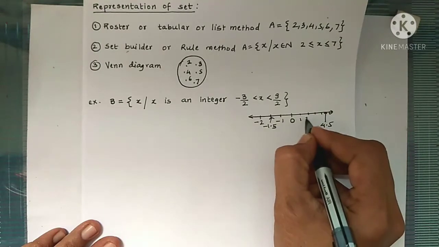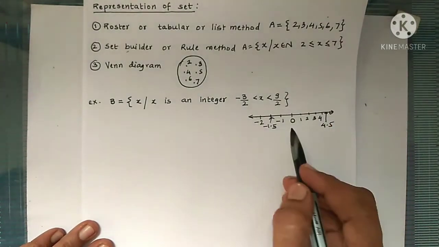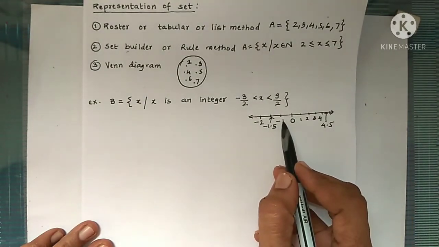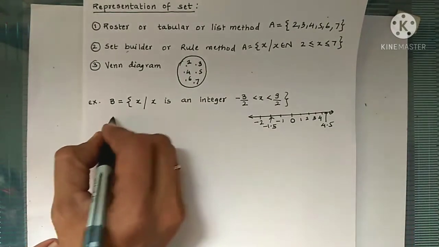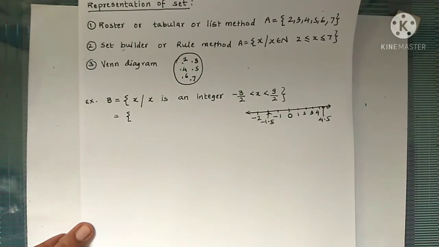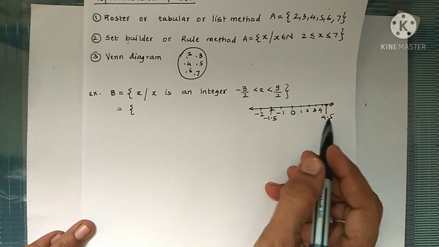So 0, 1, 2, 3, 4. Now you can see the integers which lie between -1.5 and 4.5. Those are -1, 0, 1, 2, 3 and 4. So if I write B by list method, I have to list all the elements between -1.5 and 4.5.